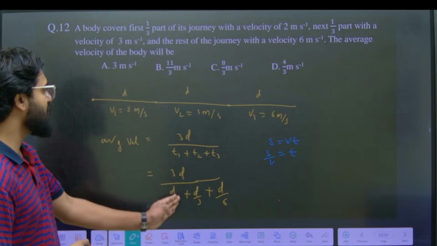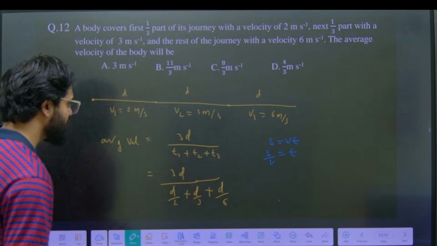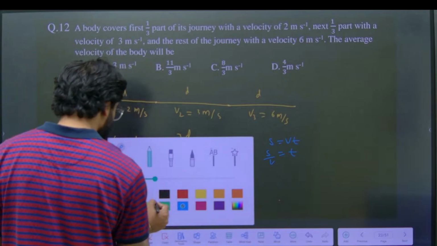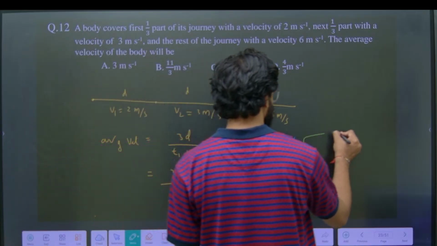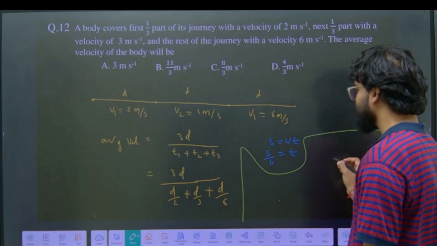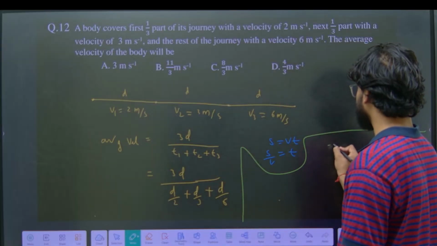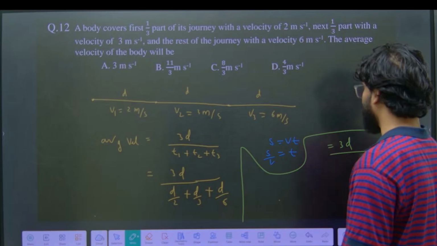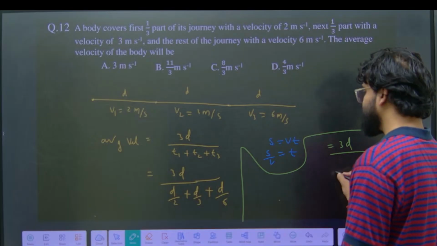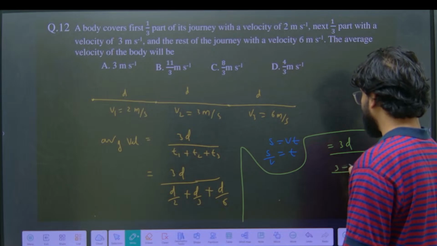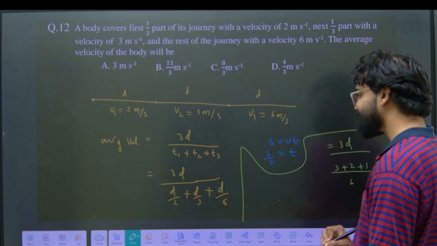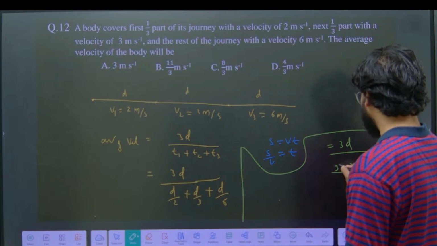T1 is D upon 2. So that's all correct. And now you solve. Why I should solve all? Correct. So let's solve it over here. It is 3D divided by आपका LCM. It will be भाई साहब 6. So 3 plus 2 plus 1. बरोबर. Correct. And D is over here.